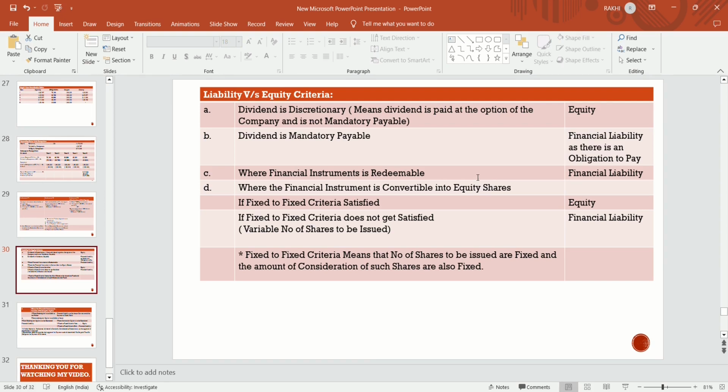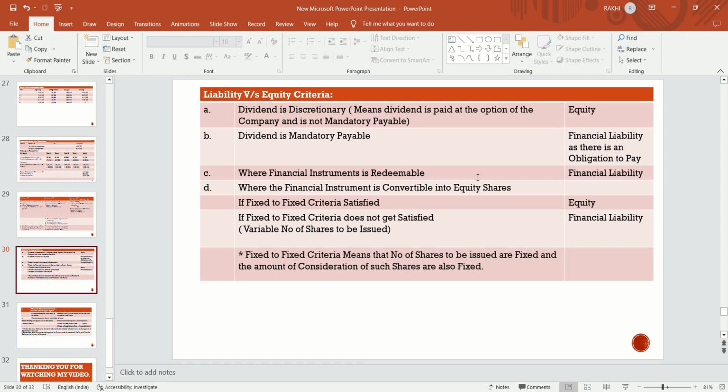When the financial instrument is compulsorily redeemable, then it will be treated as a financial liability. When the financial instrument is convertible into equity shares and satisfies the fixed-to-fixed criteria, then it will be treated as equity. If it does not satisfy the fixed-to-fixed criteria and the number of shares is variable, then it will be treated as a financial liability.